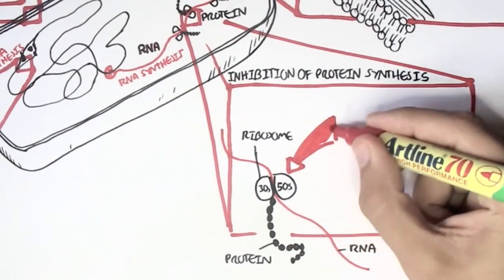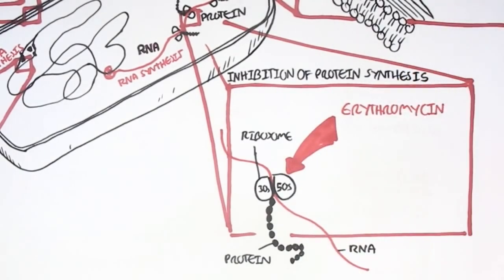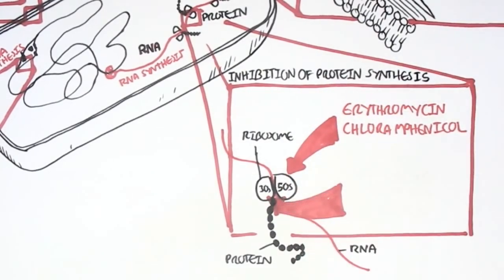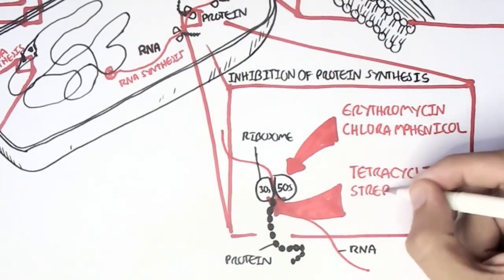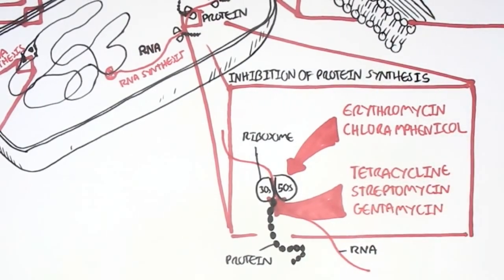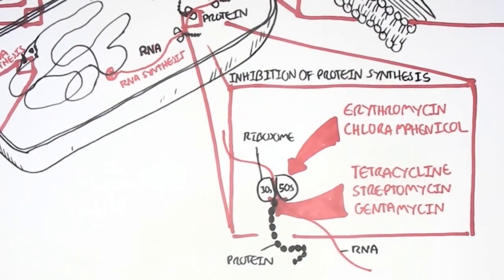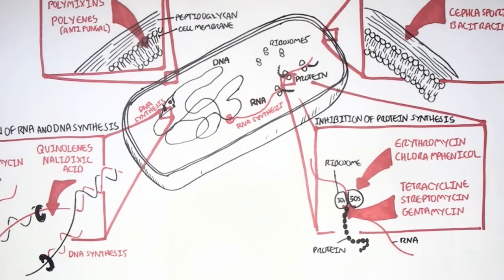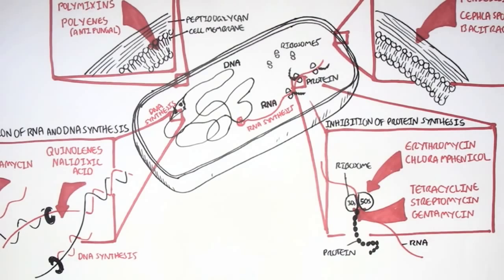Erythromycin and chloramphenicol target the 50S subunit of ribosomes, whereas tetracycline, streptomycin, and gentamicin target the 30S subunit. Either way, this will disrupt the ribosomes from making proteins, which will result in the bacteria obviously being unable to make proteins, so the bacteria is pretty much useless. Thus, the bacteria can still be alive, but it is unable to make anything. And so these antibiotics that target protein synthesis are bacteriostatic. They prevent bacterial growth.